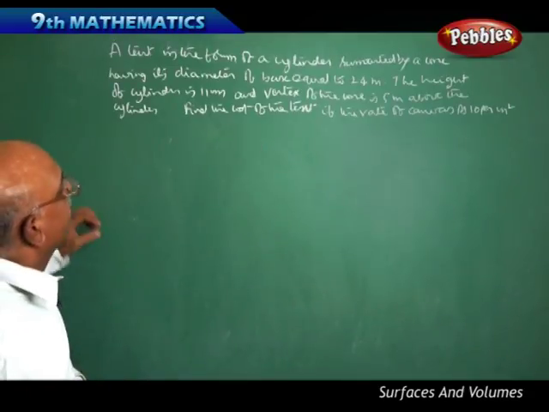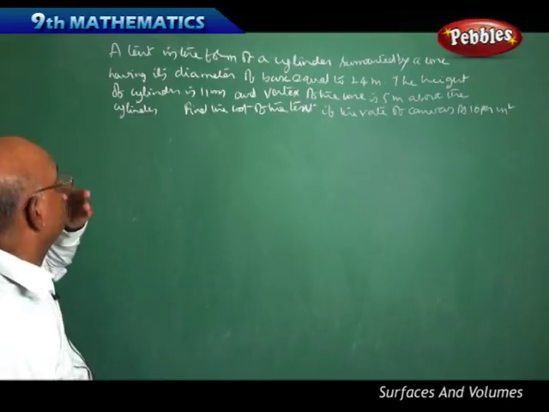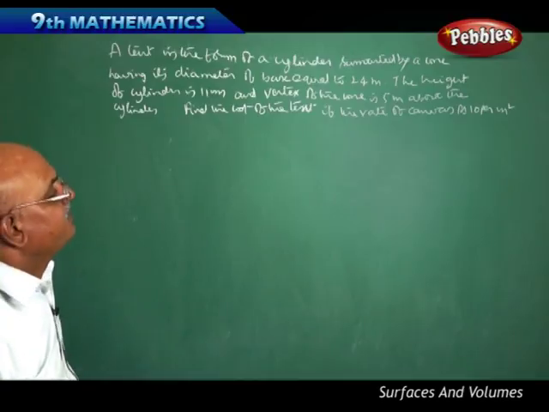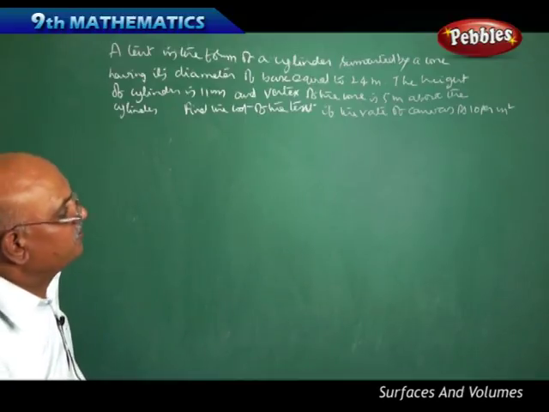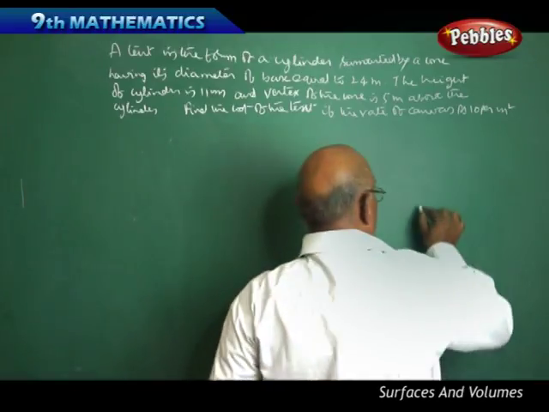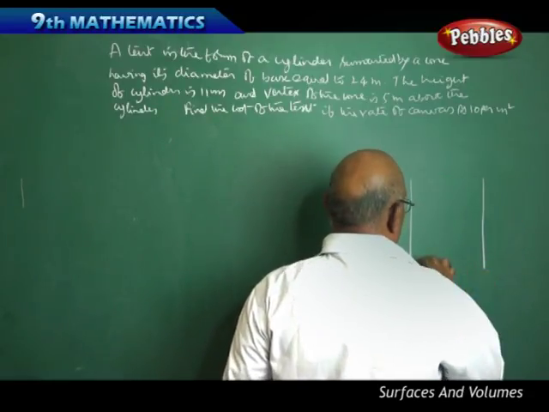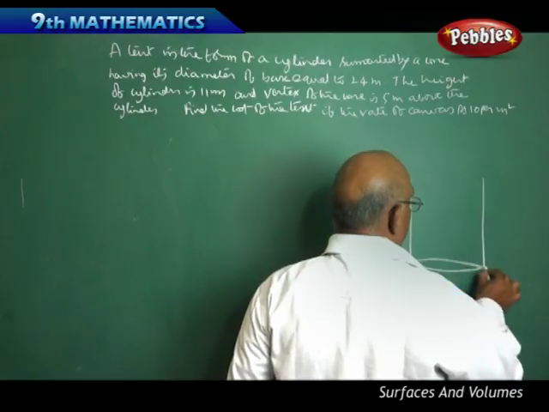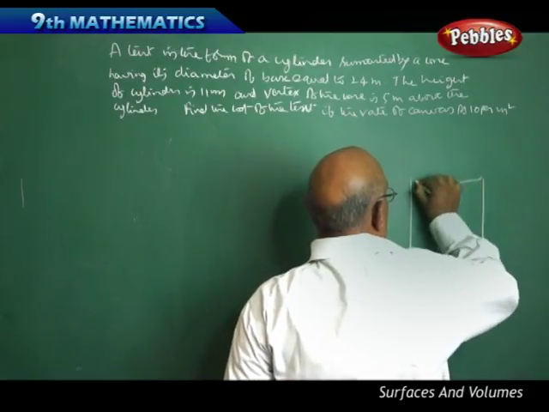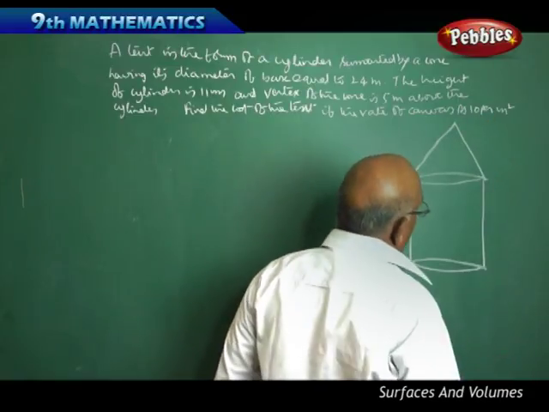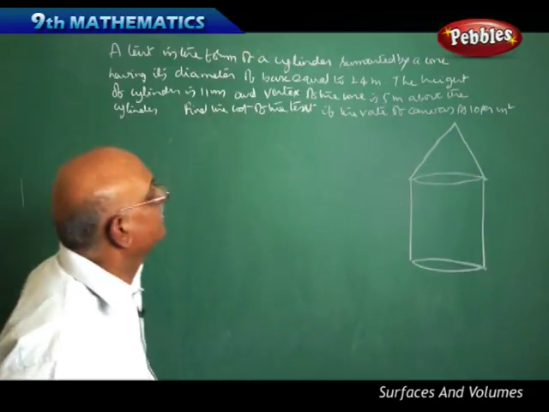Now a tent in the form of a cylinder surmounted by a cone, having its base diameter equal to 24 meters. Now this is a cylinder. On the cylinder we have a cone, which is called a tent.